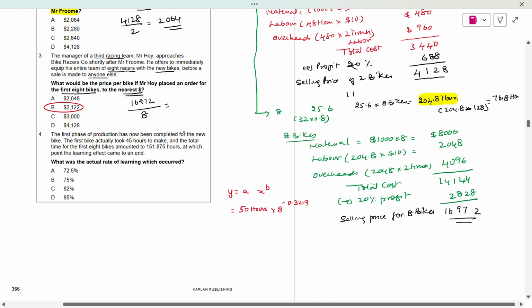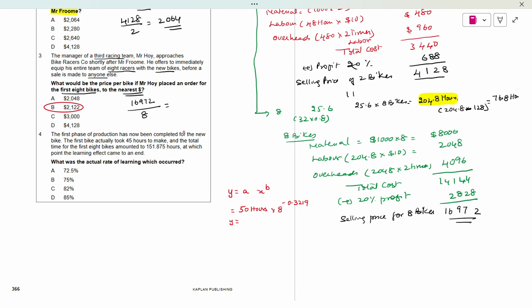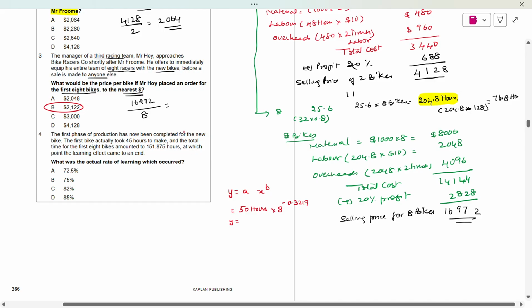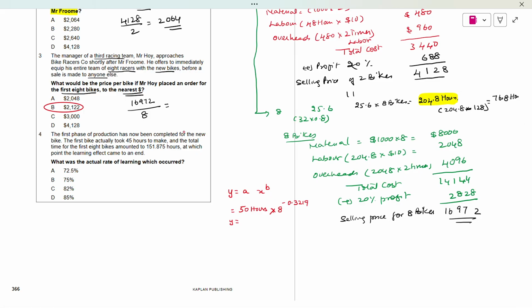Check how much. 50 multiplied by 8 to the power of the answer, 25.6. Total 25.6 multiplied by 50 is 1280.